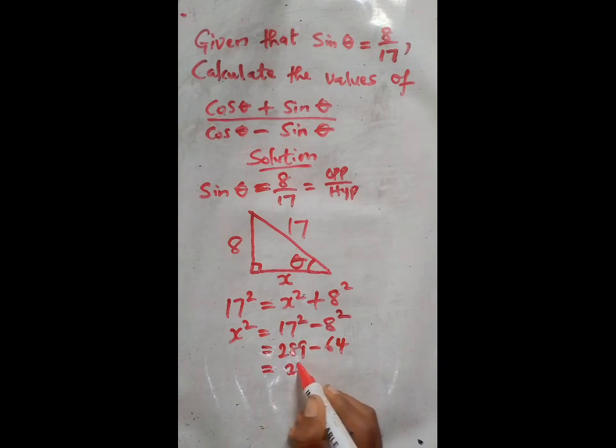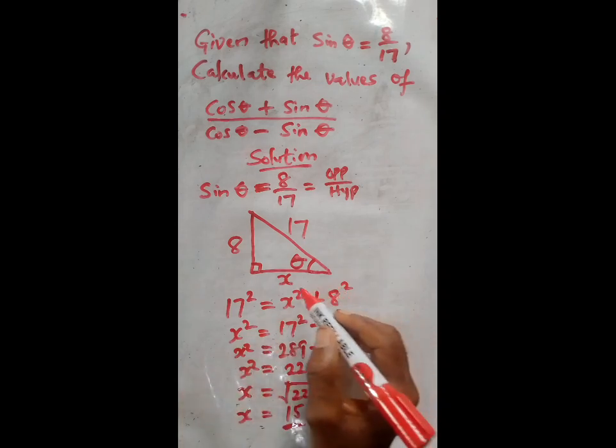When you subtract this, that will give you 225. So x squared is 225, and x will be the square root of 225, which is equal to 15. So that is the solution to that.